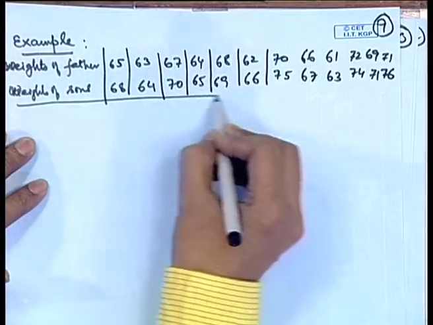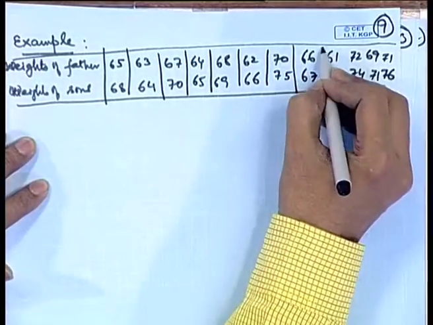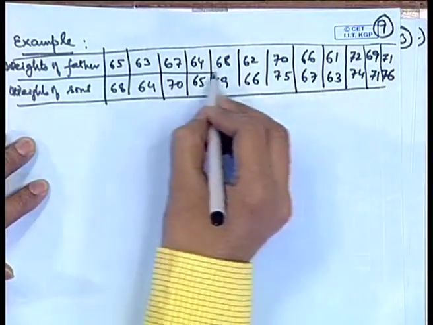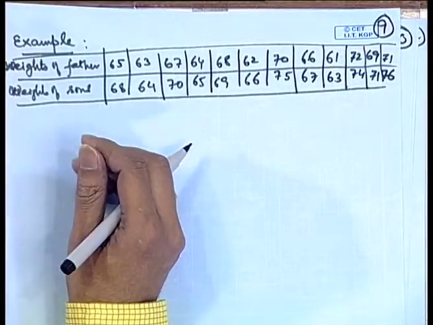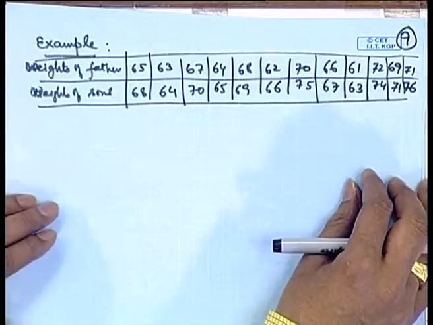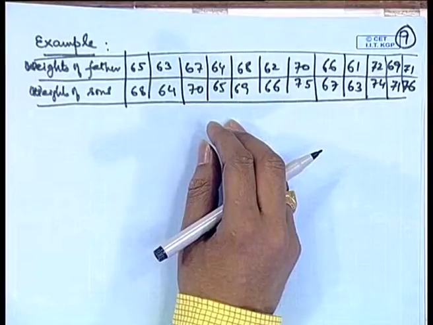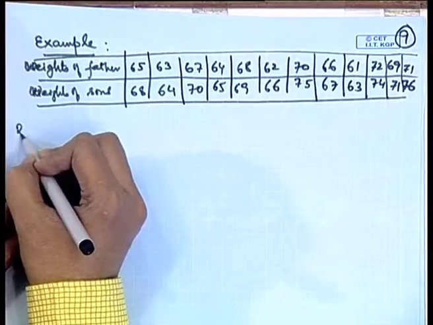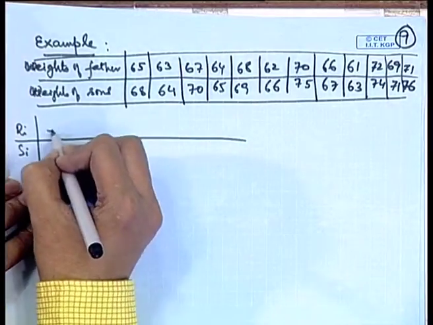Now, rather than calculating the correlation between the raw values of the weights, we will consider their ranks. The reason is that we want to say that the heavier fathers have heavier sons and lighter fathers have lighter sons. So, if you want to say that, we just look at the ranks r_i and s_i here.